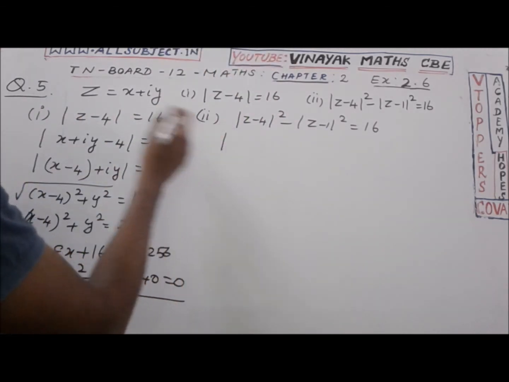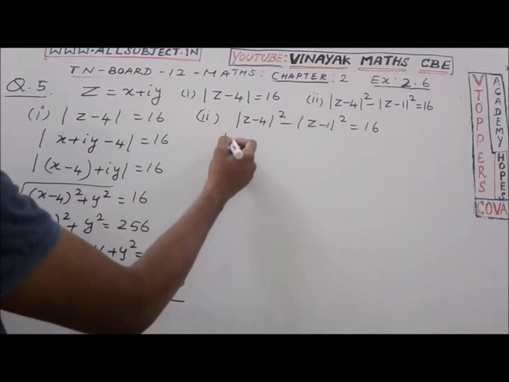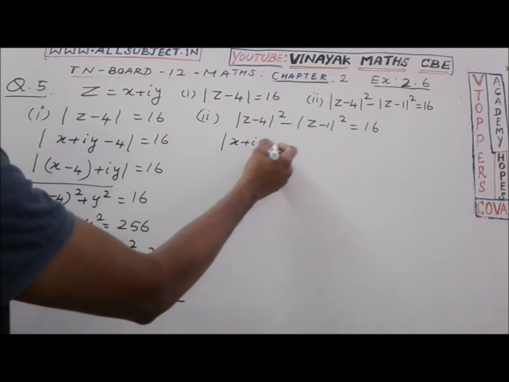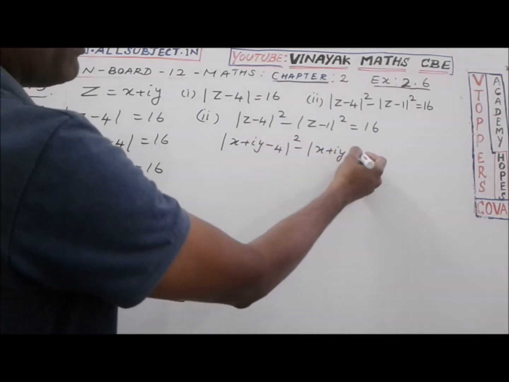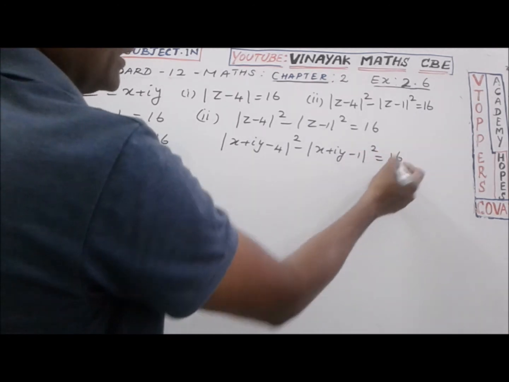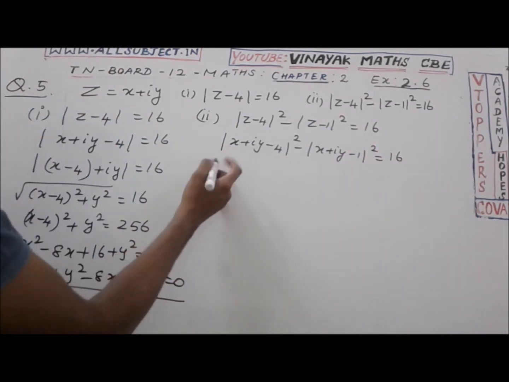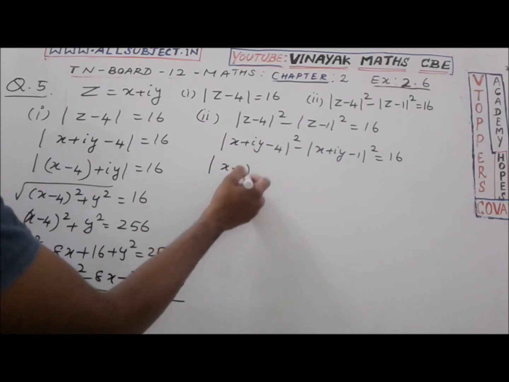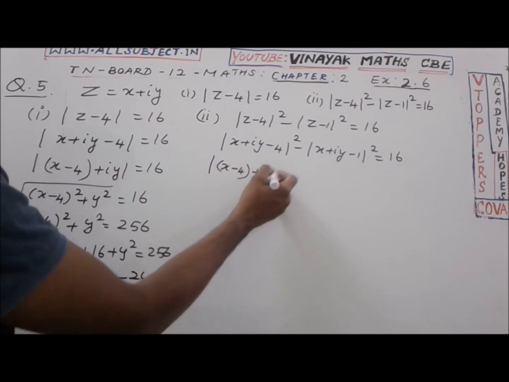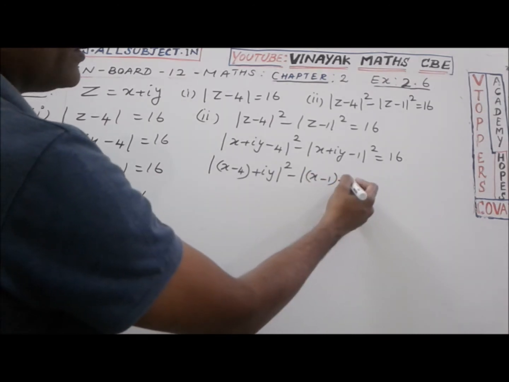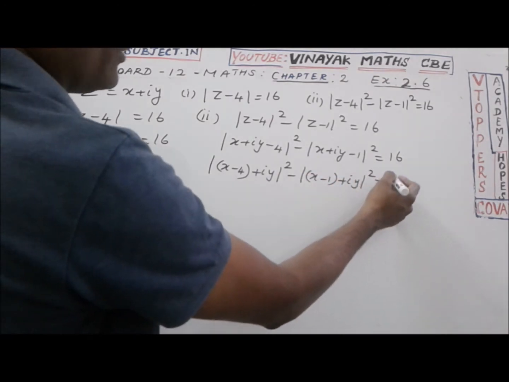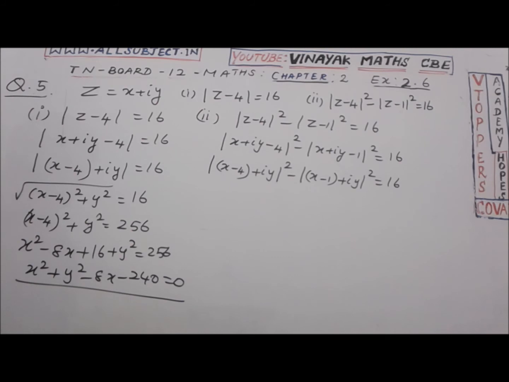So put z equal to x plus iy in these two cases. x plus iy minus 4 whole square minus x plus iy minus 1 whole square equal to 16. Now writing in rectangular form, x minus 4 plus iy whole square minus x minus 1 plus iy whole square equal to 16.